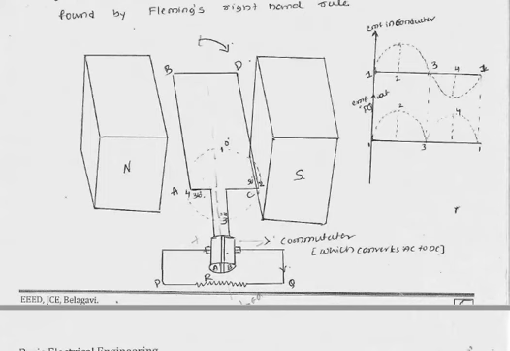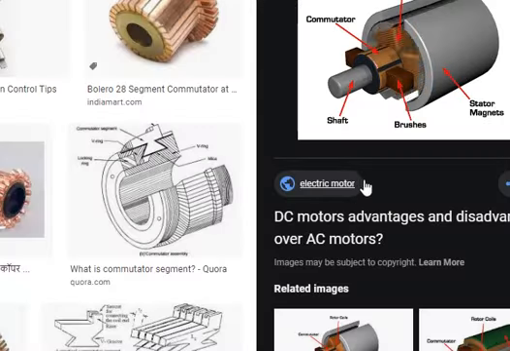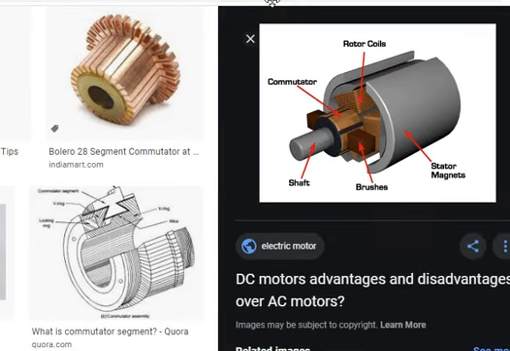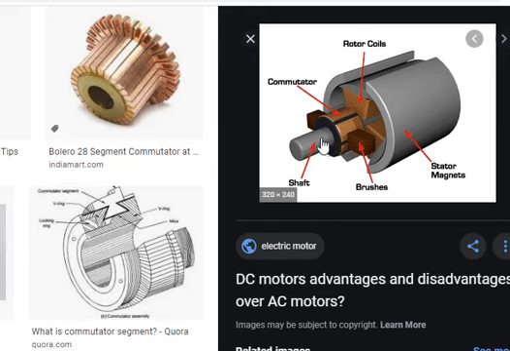Let me show you how the commutator looks. You can see this is the commutator segment. And here in the diagram this is the shaft. On top of the shaft we have the commutator segments, a brush is connected here, and this is the winding. We will see the construction later.